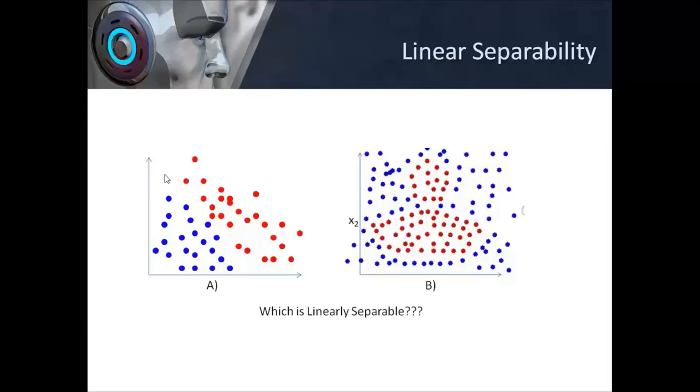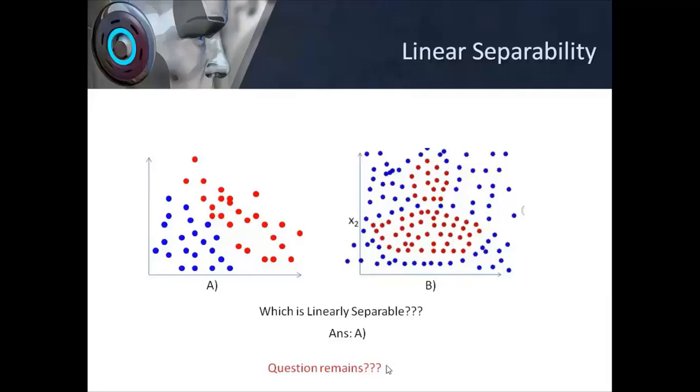If we examine clearly, I can draw a line here in this region, and I can have a division into two regions. On one side I will have red points, on the other side blue points. But here I don't have any single line which can do that.